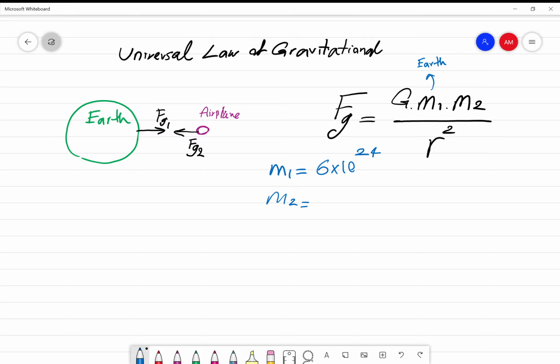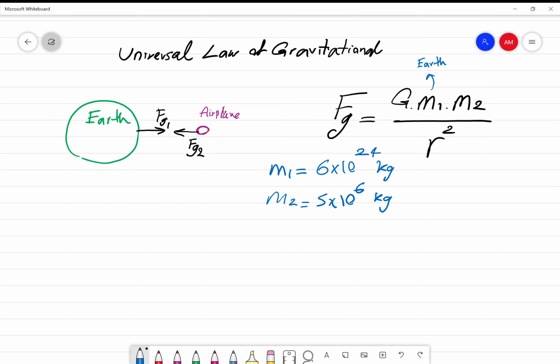And the mass of airplane altogether, let's just assume 5,000 kilograms, okay? Sorry, not 5,000. 5,000 is very low. 5 times 10 to the power of 6 kilograms, okay? I'm just making an assumption. It could be very wild assumption, but we're just doing the calculations.